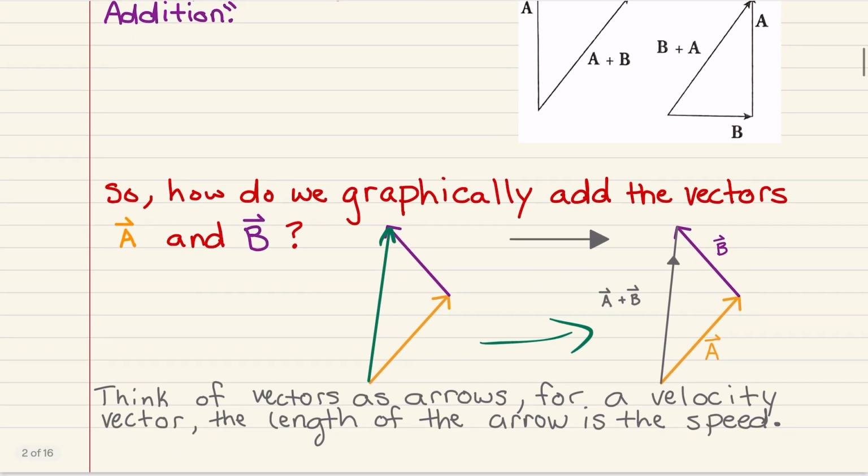So that's why I said at the beginning of the video that you should really try to think of vectors as arrows, right? Because the arrow is going to point in the direction that the vector is pointing, and you can give it some length that's equal to the value of the vector. So let's say that you wanted an arrow to represent 10 newtons of force, then you could just draw an arrow that's 10 newtons long, so that represents how much force.